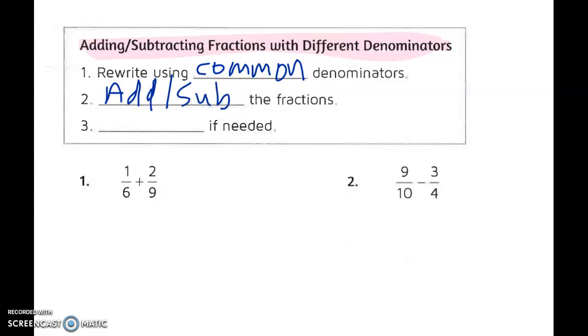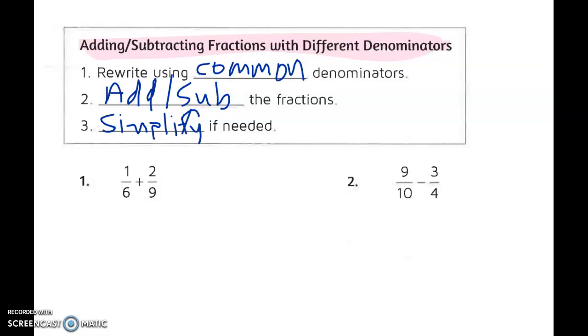And then what we're going to do at the end is simplify if needed. So let's look at a couple of examples.